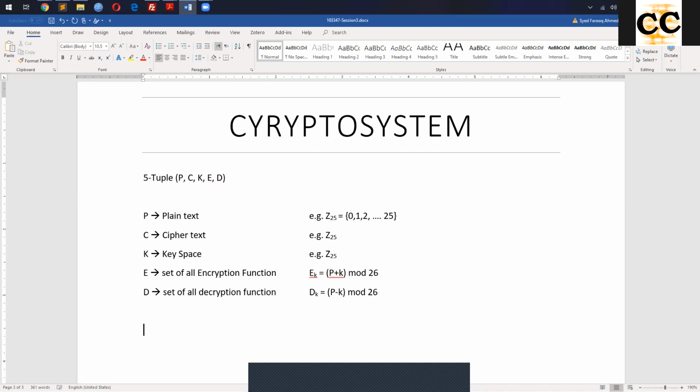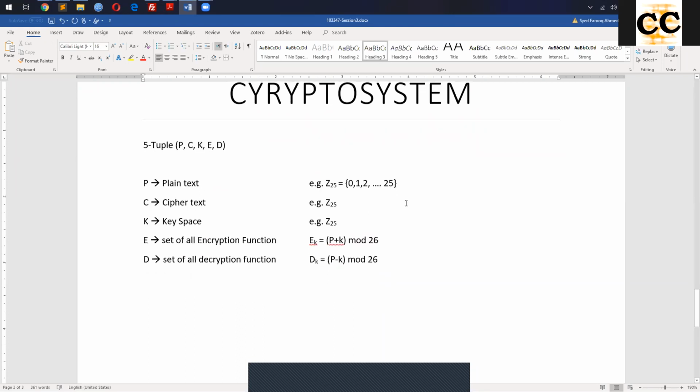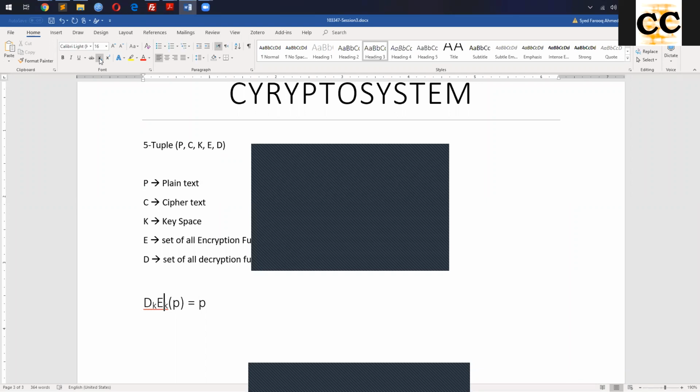But the main point here, which has been highlighted, that's necessary for a crypto system to work, is that whenever you apply a decryption function to the encrypted text, the answer you must get is the plain text itself.